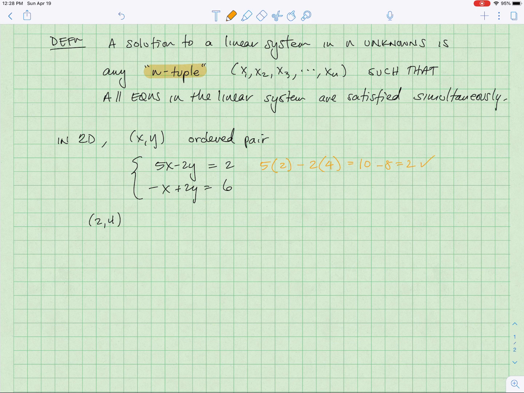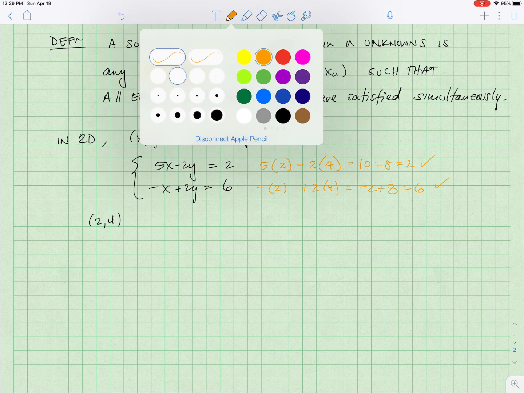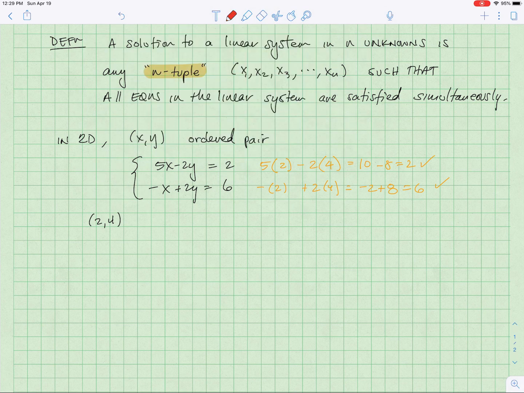However, it also satisfies the second equation simultaneously. Negative 2 plus 2 times 4 is equal to negative 2 plus 8, which is equal to 6, and it satisfies them both. So 2 comma 4 is a solution to the above system.